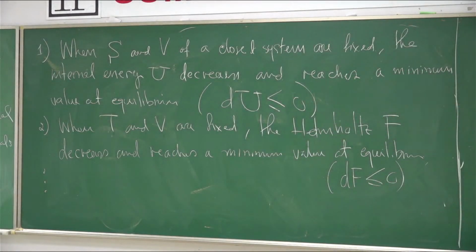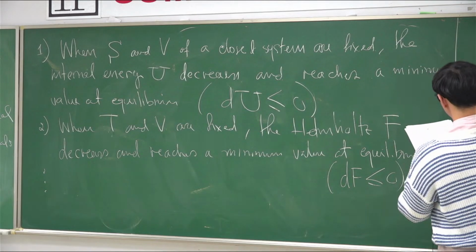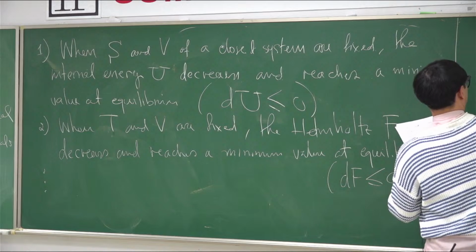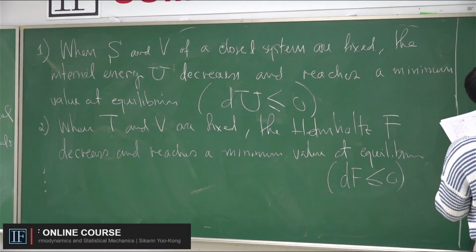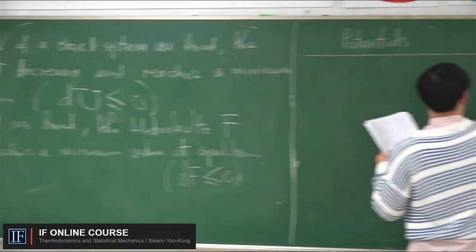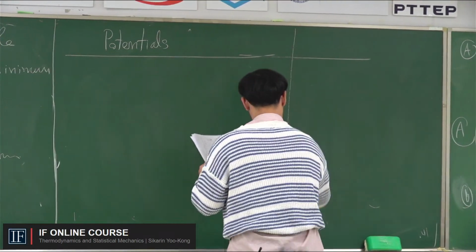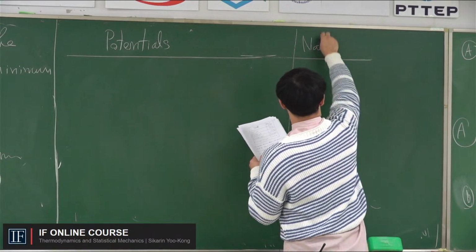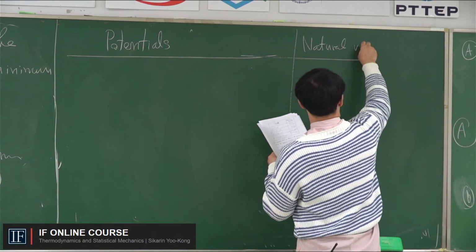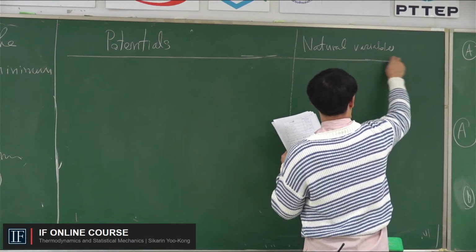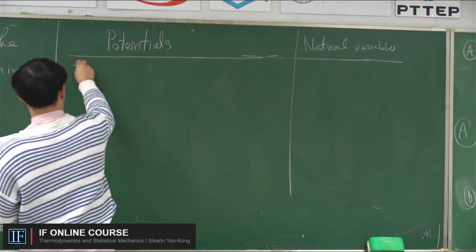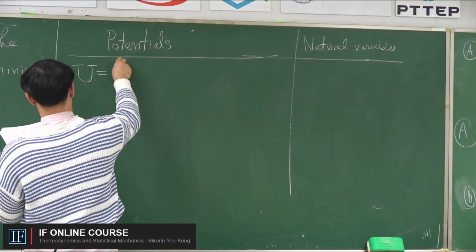Okay, I hope you get the point. So let me put a table. Potential. Natural variable. The first one.